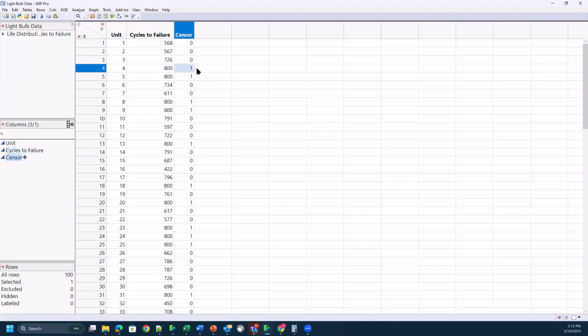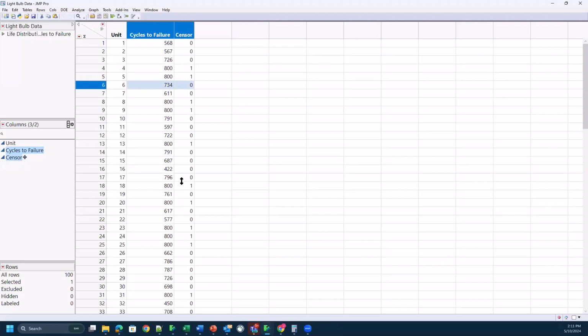For that particular bulb, we're going to say that it was censored. We have a 1 here for censoring, saying that at 800 cycles, that bulb was still operating correctly. And the same for bulb 5. And then bulb 6 failed after 734 cycles.